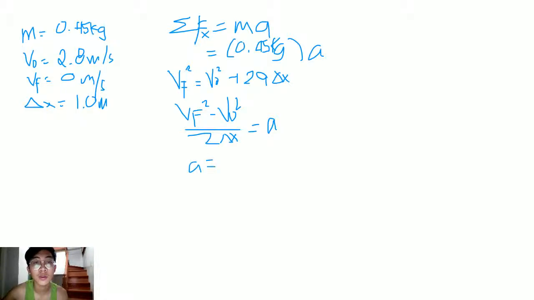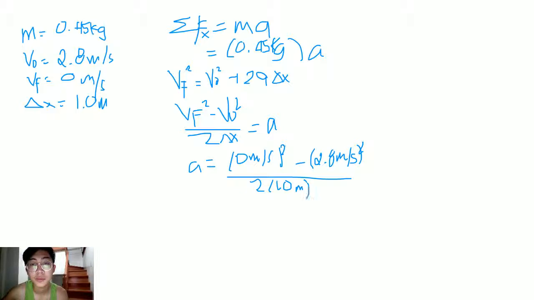So, A is equals to VF would be 0 m/s squared, minus VO natin is 2.8 m/s squared, all over 2 delta x natin would be 1.0 meters.